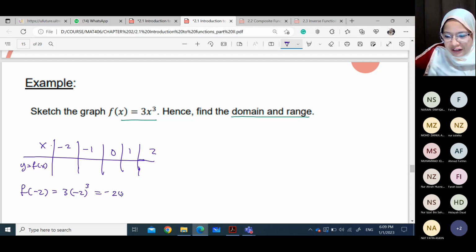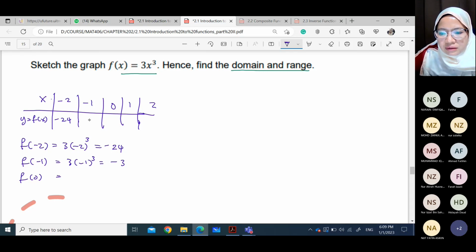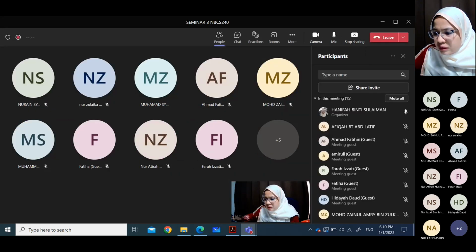Betul, betul. So f at negative 1, negative 1 power of 3 times 3, kita akan dapat negative 3. So kita masukkan dalam ni lah. Negative 24. Ya, ada soalan ke? Any question?